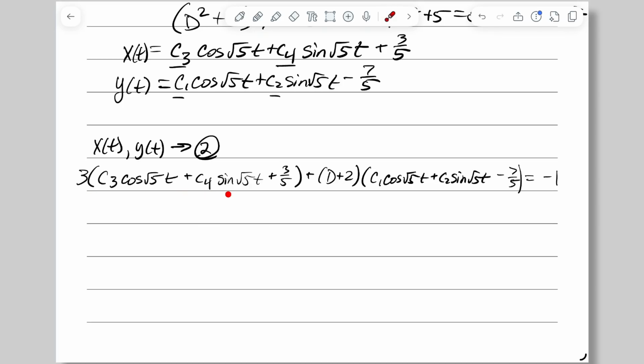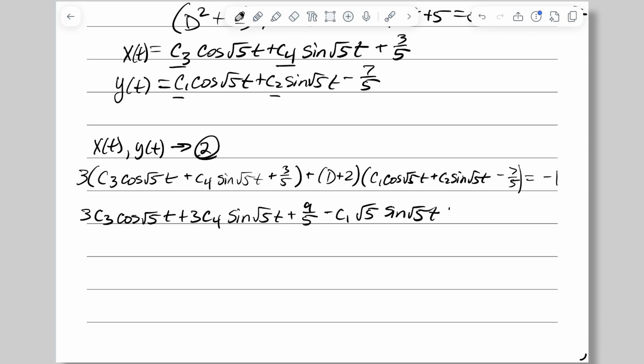All right, if we now distribute the 3 into the first set of parentheses, and then apply the d plus 2 operator to the second set of parentheses, then we get 3c3 cosine root 5t plus 3c4 sine root 5t plus 9/5 minus c1 root 5 sine root 5t plus c2 root 5 cosine root 5t plus 2c1 cosine root 5t plus 2c2 sine root 5t minus 14/5 equals -1.